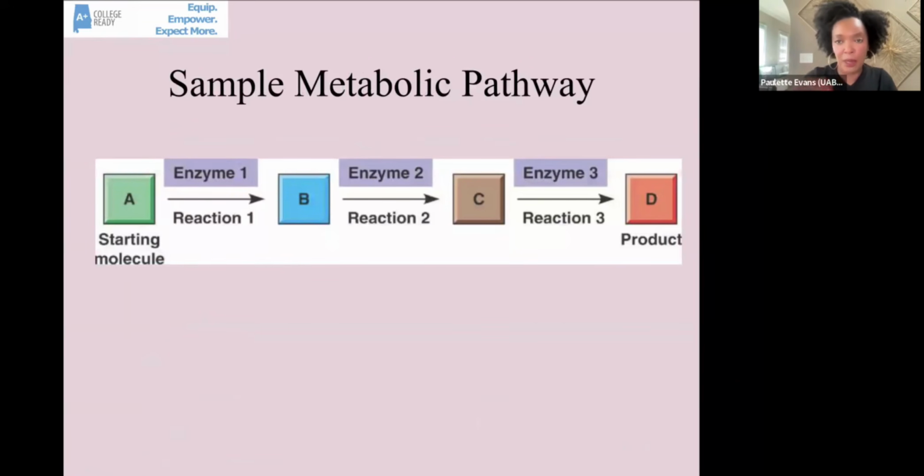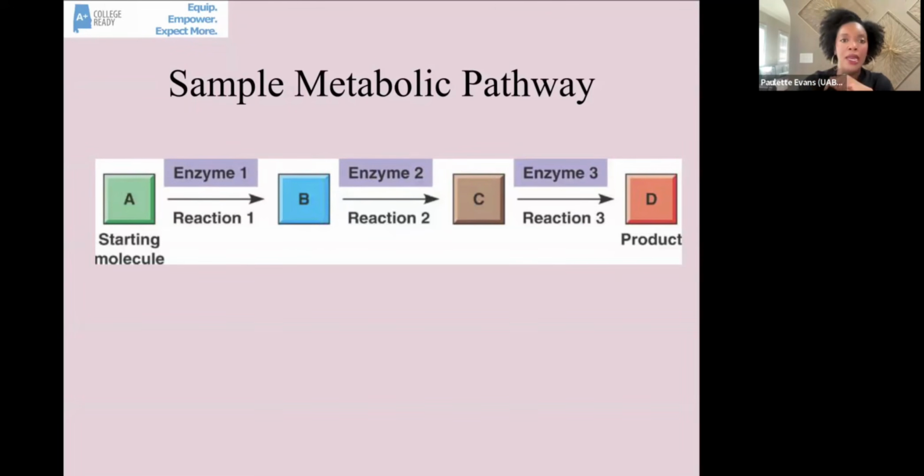Here's an example of a metabolic pathway. Here you have the start molecule A. Start molecule A is going to be converted into product B. But how do we get to product B? It is our first reaction, but enzyme 1 is going to serve as the house, if you will, for this first reaction.